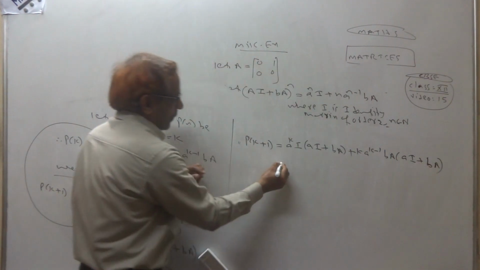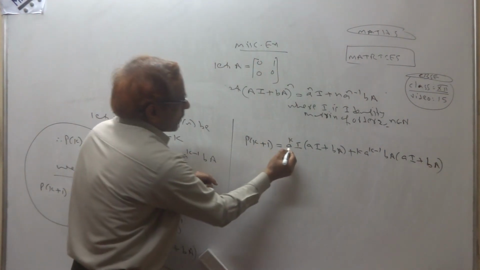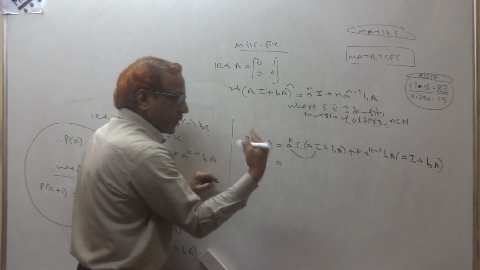Then we multiply it, again using the distributive property.